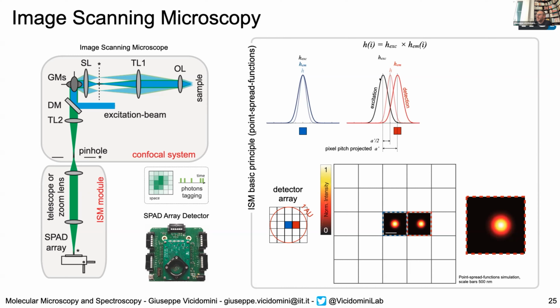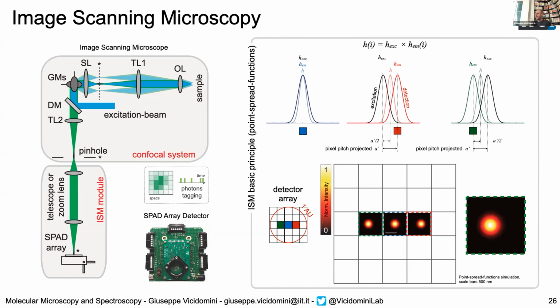But in this case, it is also shifted by half with respect to the position of the excitation and detection point spread functions. So practically, an identical point spread function is shifted to the right side. For the left element, exactly the same thing, but the PSF is shifted to the left side.